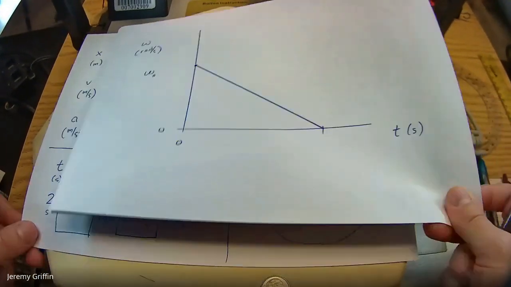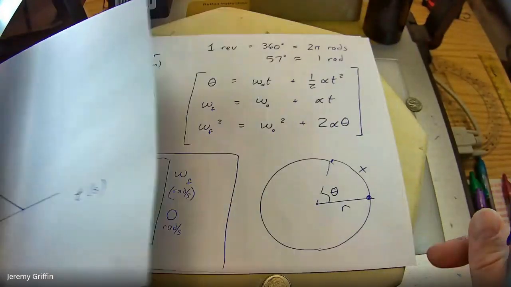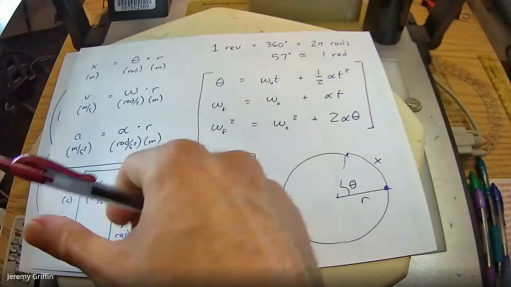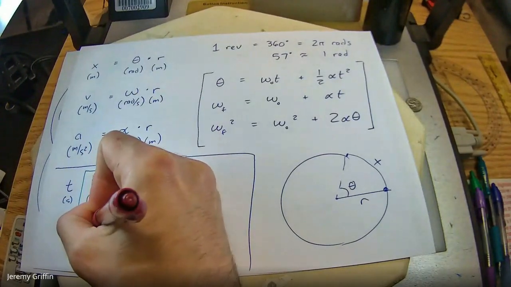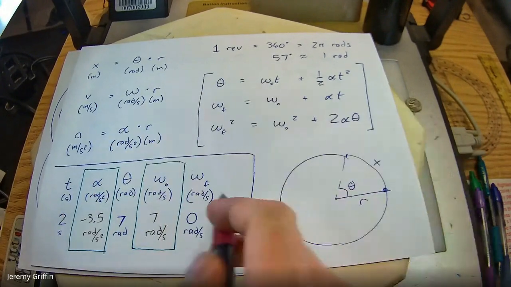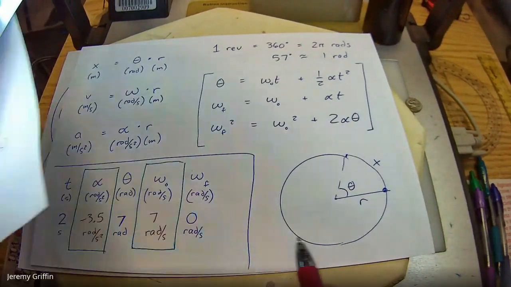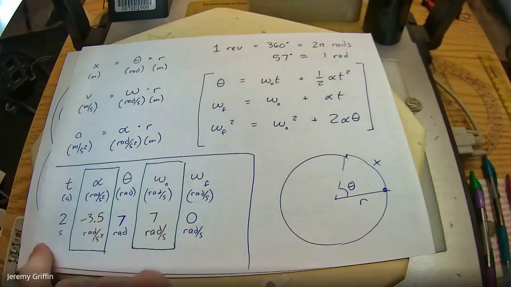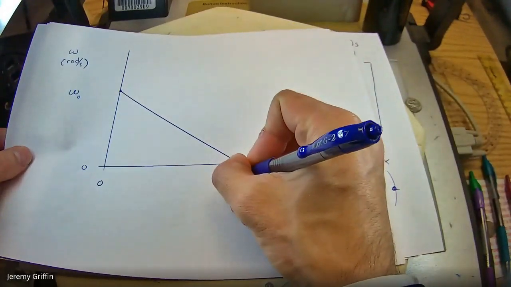Let's apply the numbers that we got, because I forgot to fill this in. This is negative 3.5 radians per second squared. Let's see how these numbers match with this graph. So this whole thing happened in 2 seconds, so I'm going to put 2 seconds right here.